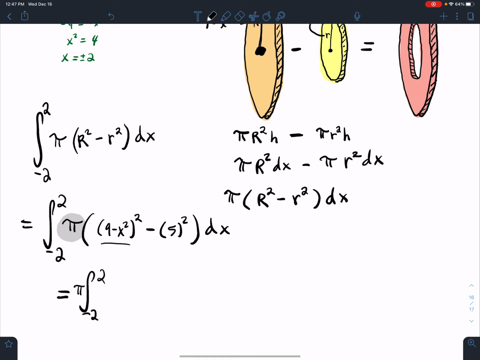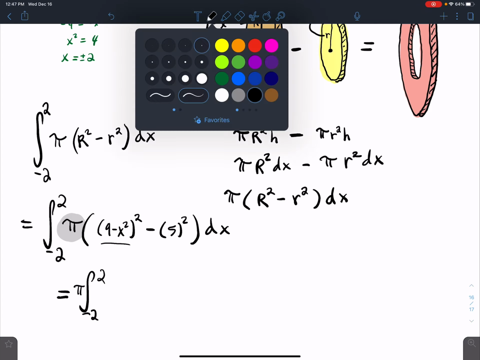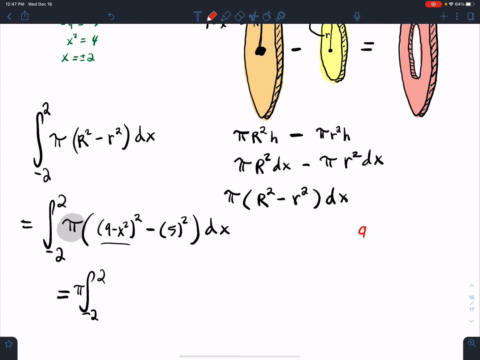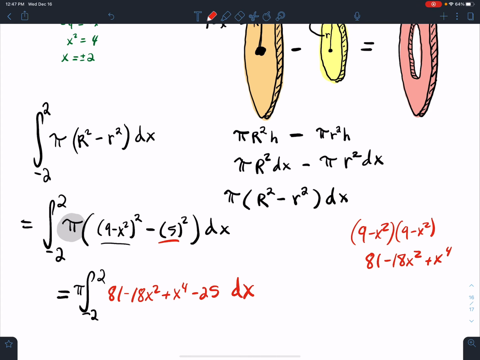If I square this, let me do some scratch work over here. 9 minus x squared times 9 minus x squared, that's squaring it. That gives me 81 minus 9x squared and minus 9x squared makes minus 18x squared, and then minus and minus make a positive x to the 4th. So this is 81 minus 18x squared plus x to the 4th, and then that's minus 25 dx.